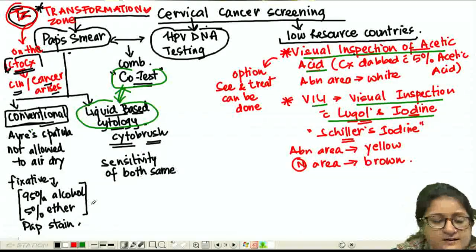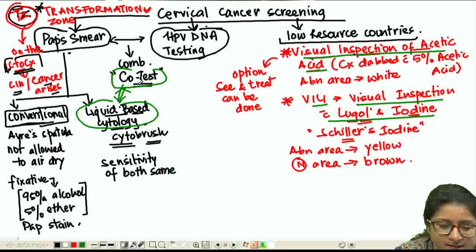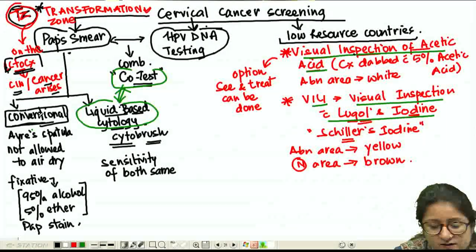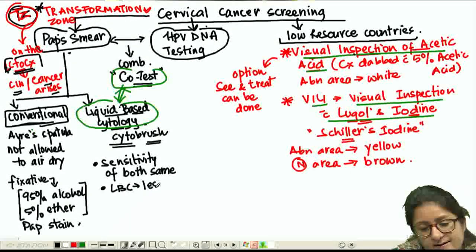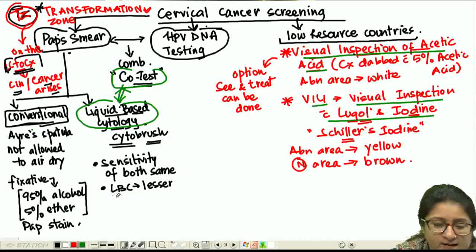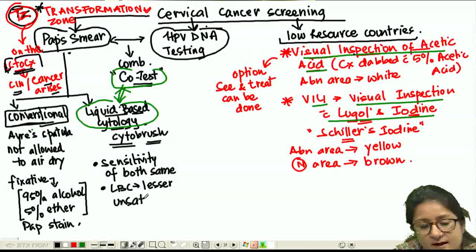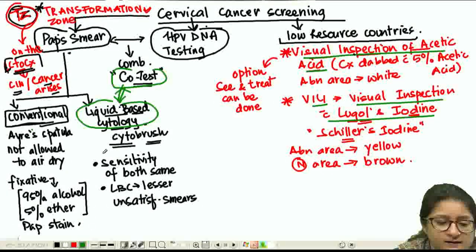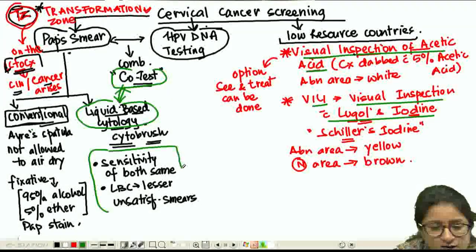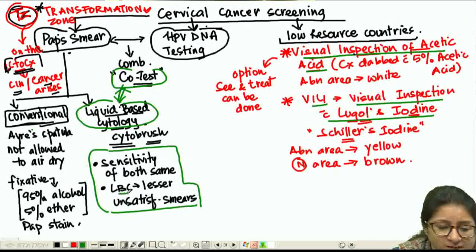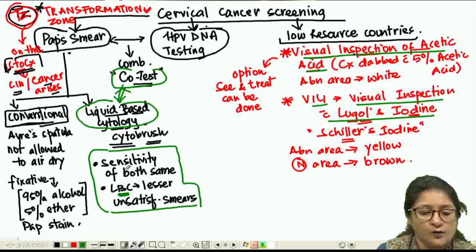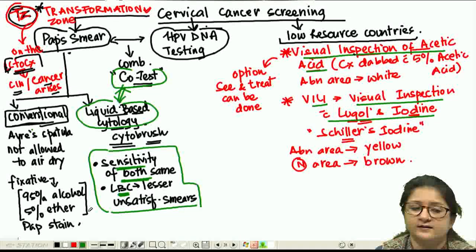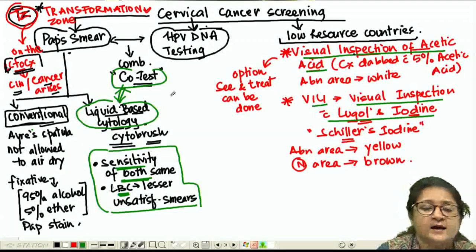The only difference is that with liquid based cytology we can go for a pap co-test, which we cannot with conventional pap smear, and there is lesser interference with blood while making the slide, so a lesser number of unsatisfactory smears. That is the only advantage LBC offers. However, the sensitivity of both tests is the same.